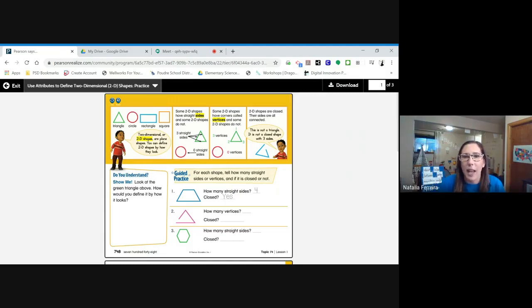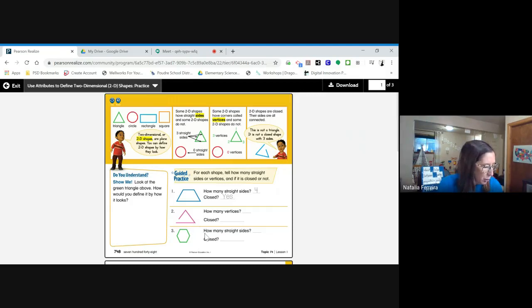This trapezoid has how many straight sides? Count with me. 1, 2, 3, 4. 4 straight sides. And is it all the way closed? Yes, there are no open spots on this trapezoid.